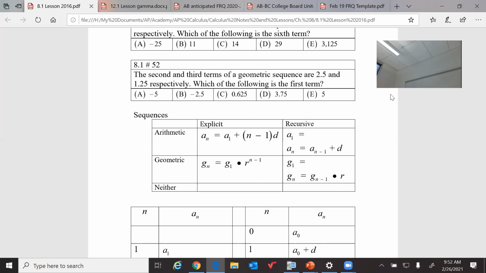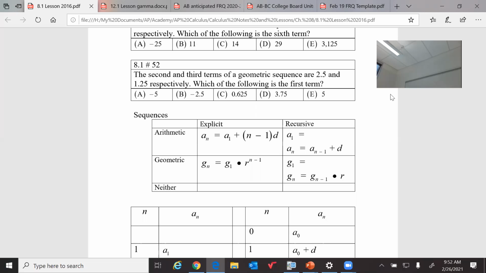Because exponents are shortcuts for multiplication. And it's the same thing with my knuckles. I'm going to multiply the constant ratio 1 less than the term I'm trying to get to. Recursively, we identify g sub 1, and then we just multiply the constant ratio times the term above it.